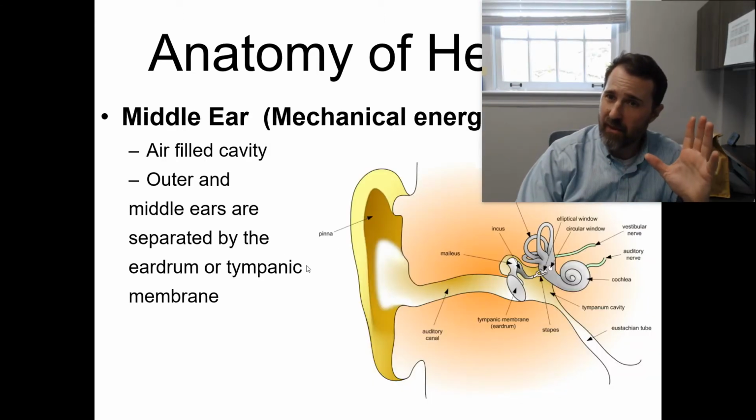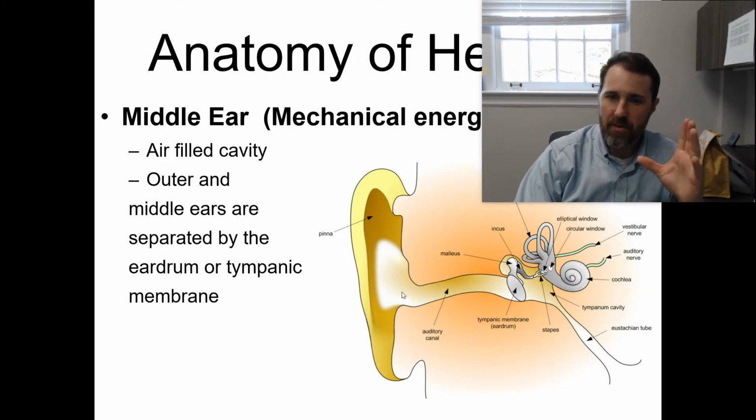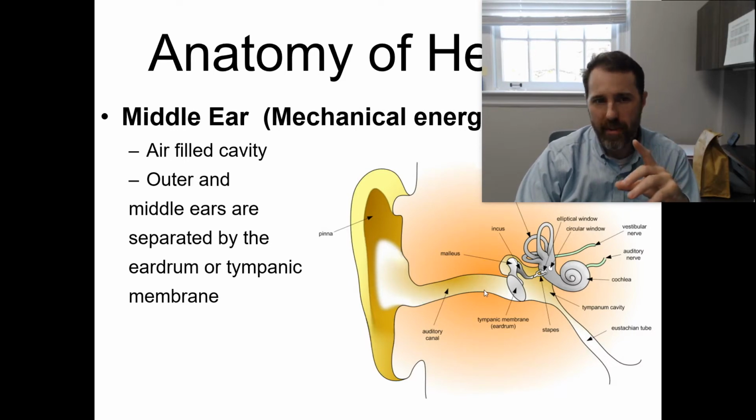So that's the outer ear. The outer ear is the auricle and the ear canal, also known as the external auditory meatus.